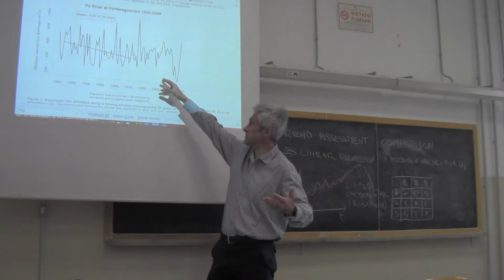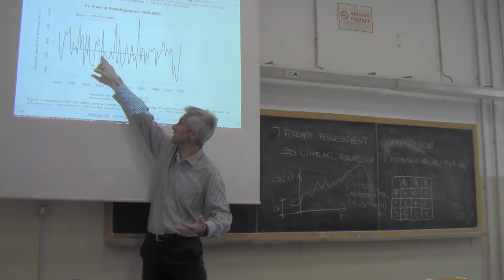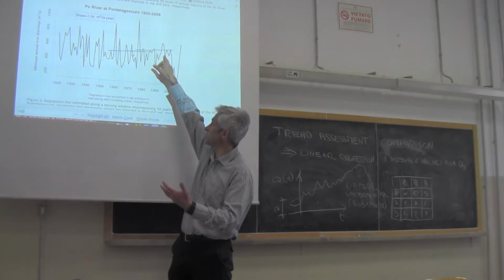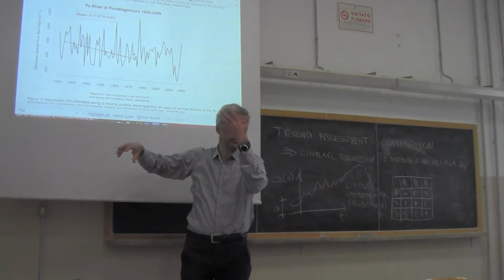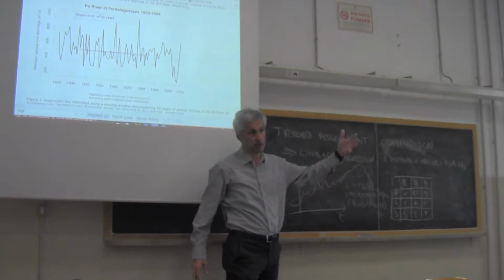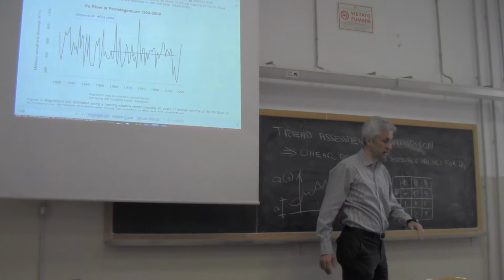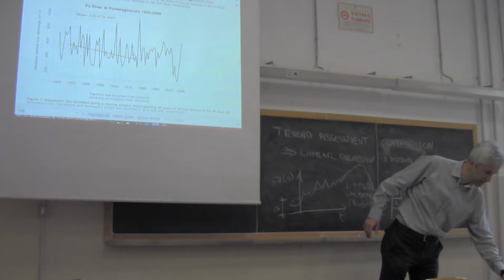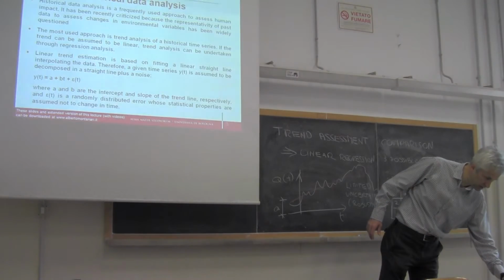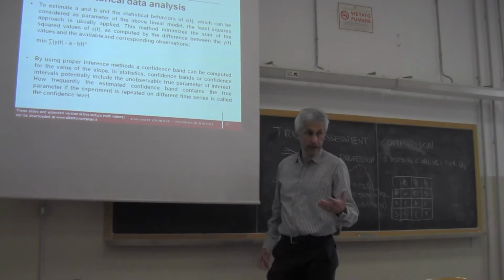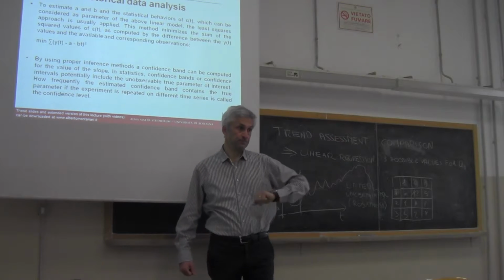You can say here there is a trend in the far past, but then in the second part of the series the trend is reverted, so it's not a trend, it's just part of a cycle. But anyway, this historical data analysis is one possible way to go and to project into the future.